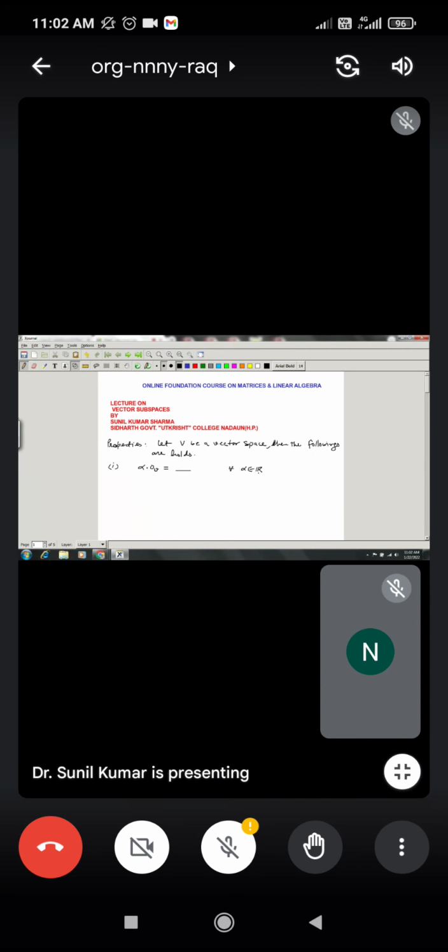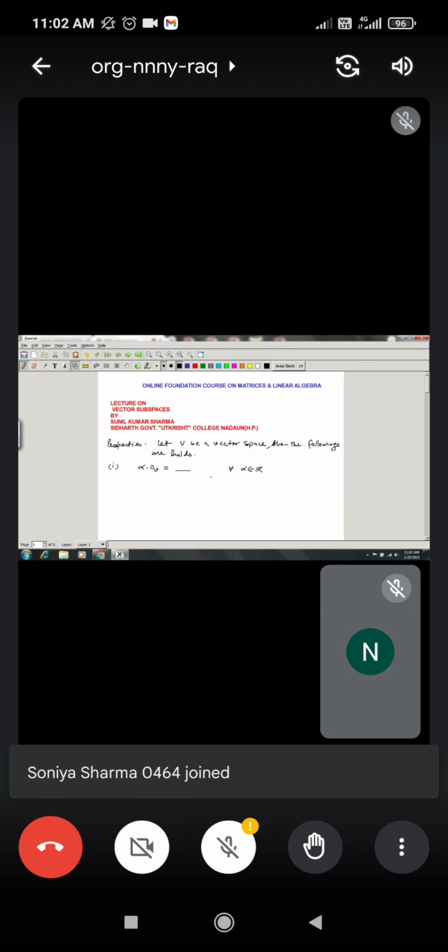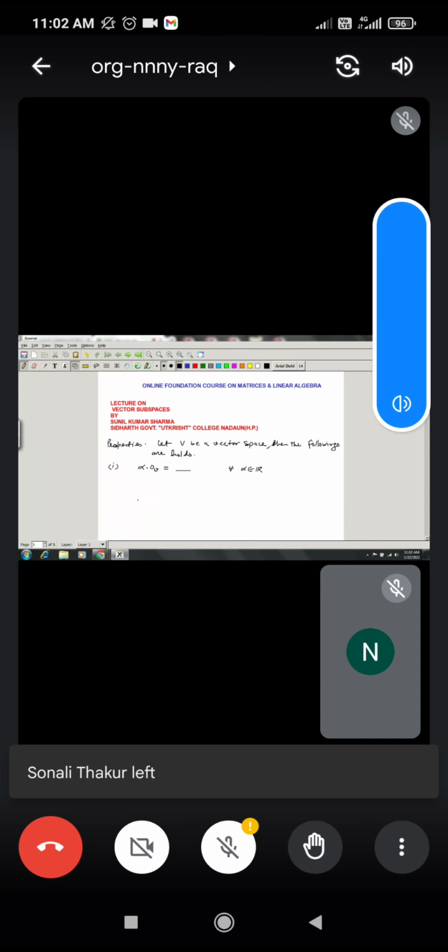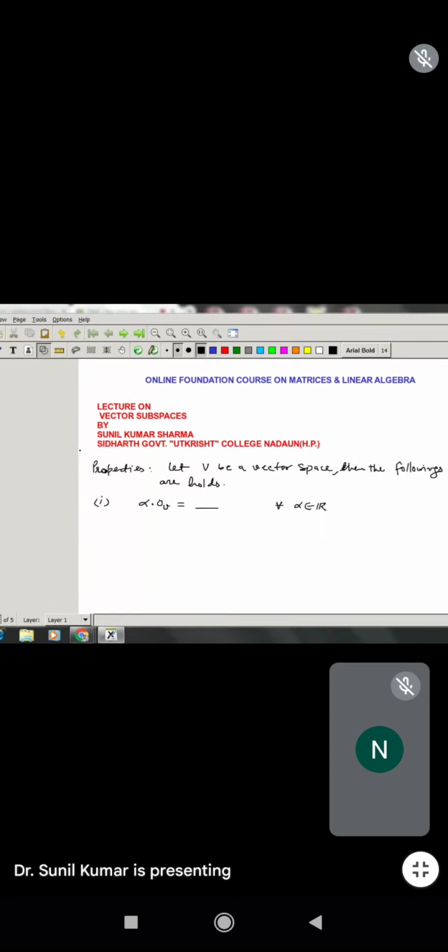Alpha in R is a field. What is the result? Alpha dot 0 V equal to? It is not a difficult question.